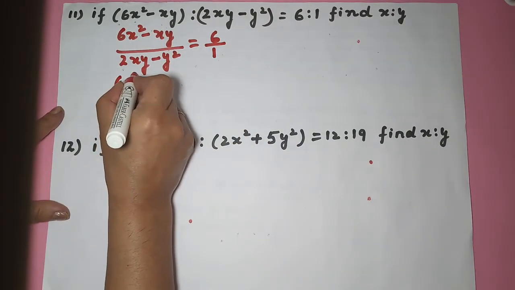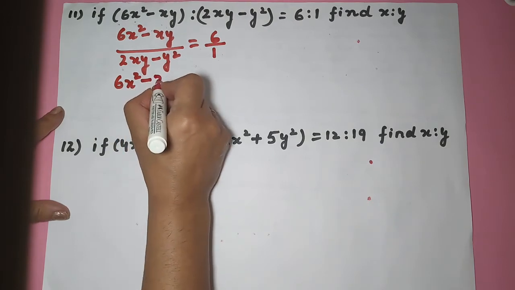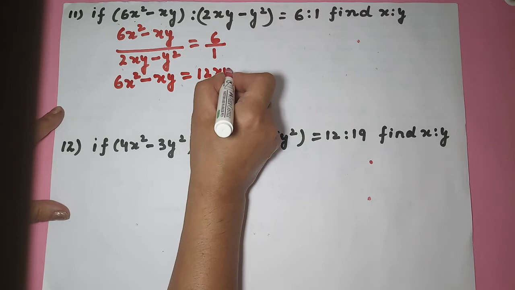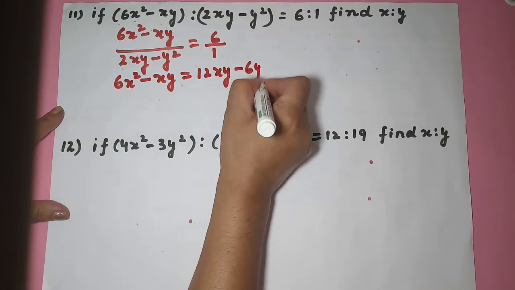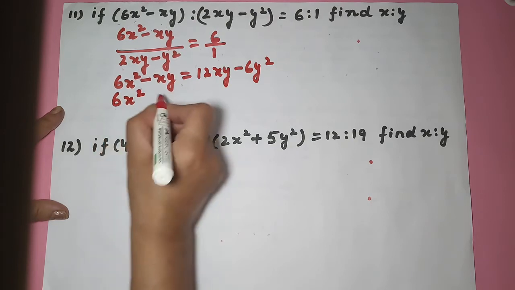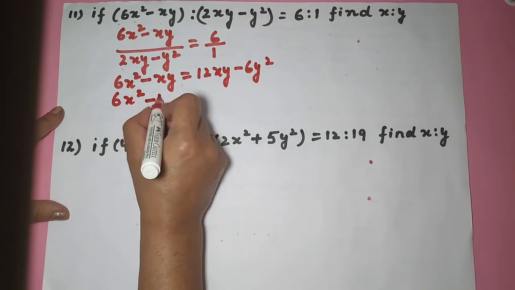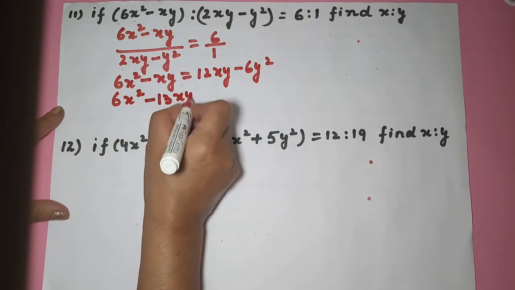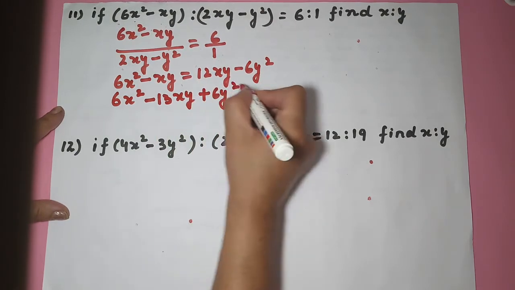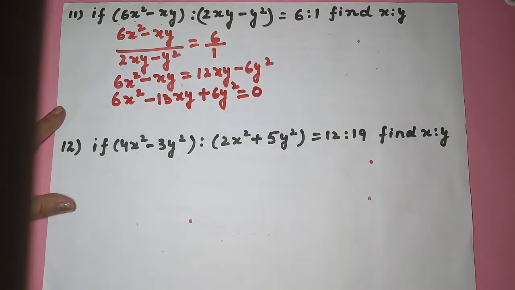We got 6x square minus 6xy equal to 12xy minus 6y square. Right? So if I shift all these terms to this side, I will get minus 13xy and then plus 6y square equal to 0. Right?